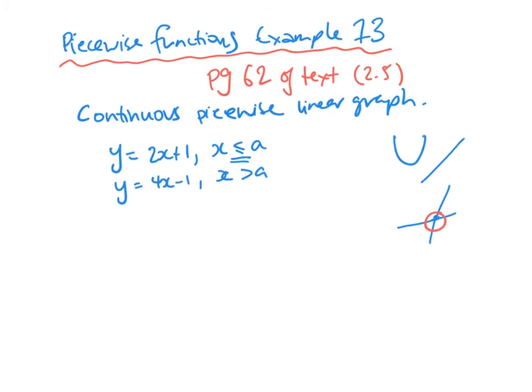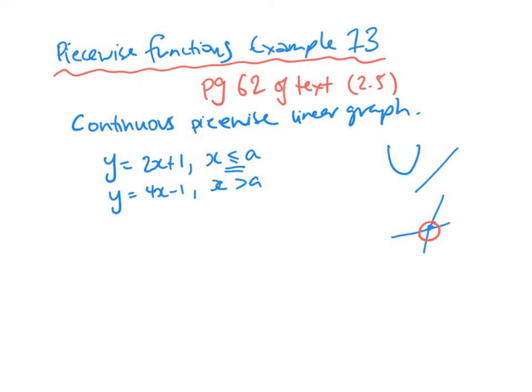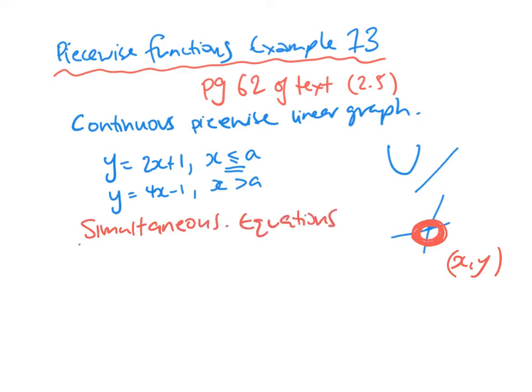The first step is to find that overlap, or the point that occurs in both situations, which is a common x and a common y coordinate. So we need to use simultaneous equations to solve for that xy pairing. The book uses something called substitution.